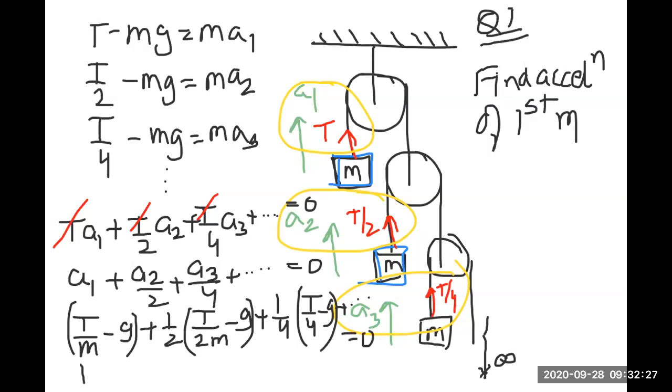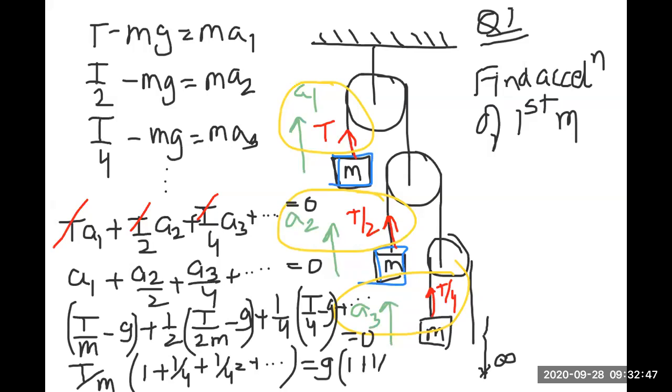अब T/m अलग लिख दे रहा हूँ, T/m में क्या आएगा 1 + 1/4 + 1/4 स्क्वायर अप टिल इंफिनिटी माइनस या इज इक्वल टू g लिख दे रहा हूँ, g के साथ क्या आएगा 1 + 1/2 + 1/4 अप टिल इंफिनिटी, और सबने ये किया हुआ है ज्योमेट्रिक प्रोग्रेशन ऑफ इनफाइनाइट सीरीज, राइट. अगर आपने नहीं किया है डज नॉट मैटर, ये आपको मैथ्स में वैसे भी करवाया जाएगा.